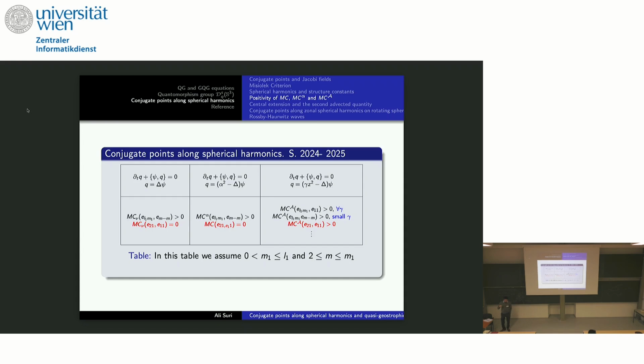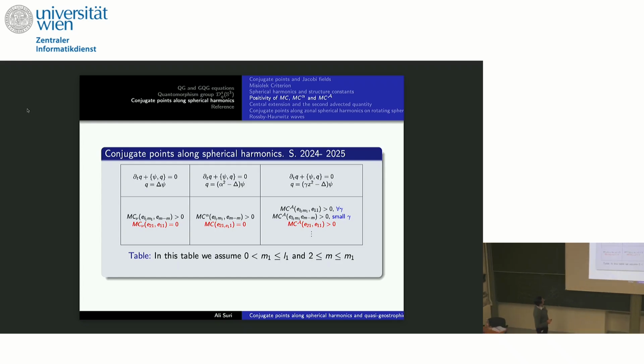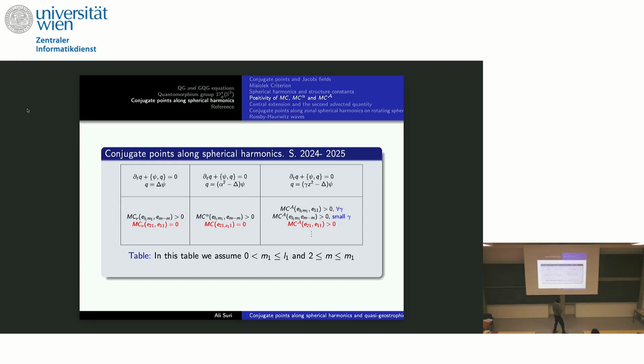And they asked the question: is it true for the sphere also? And the answer is partially yes, except for some low wave numbers, we can find positive curvature in some directions. Any m which is smaller than 1.